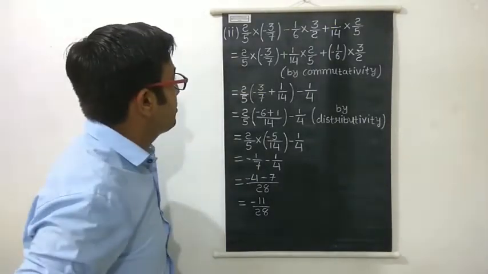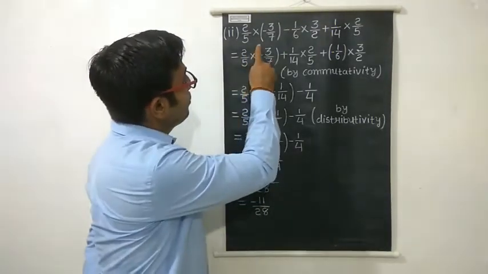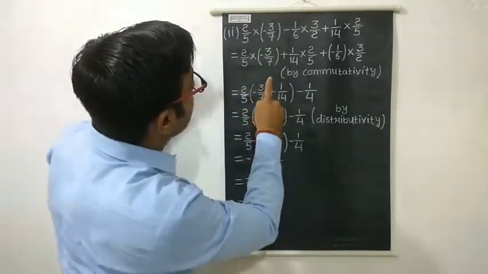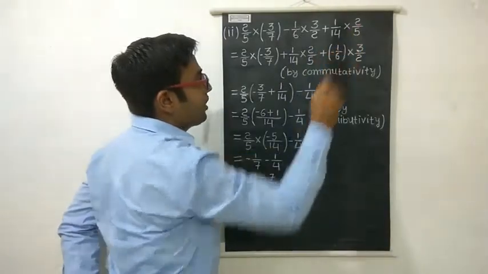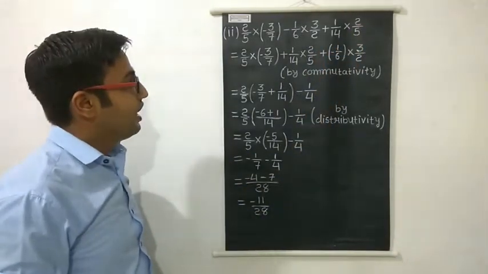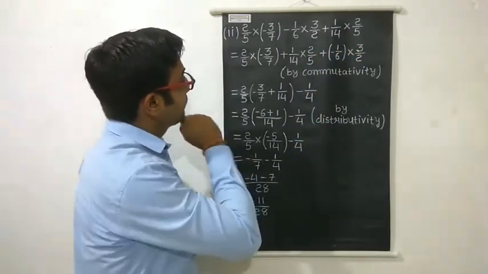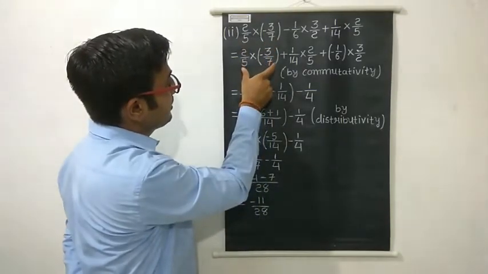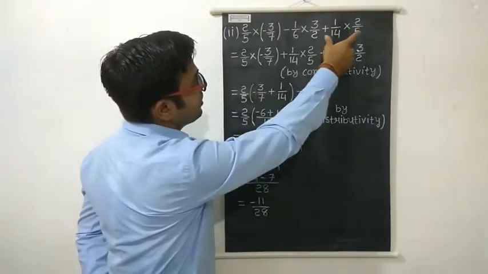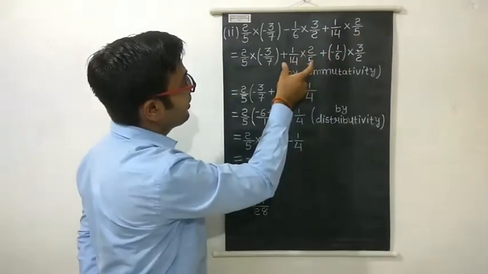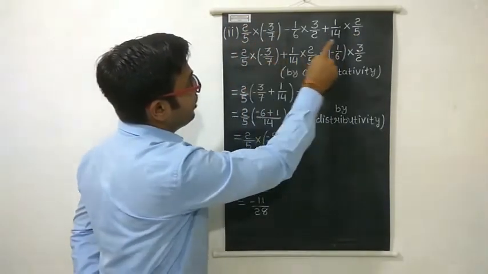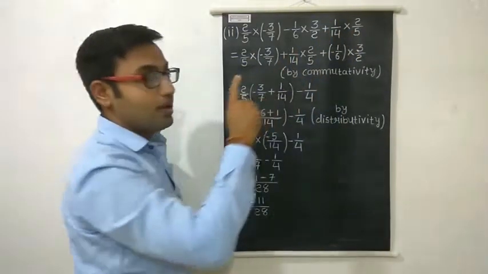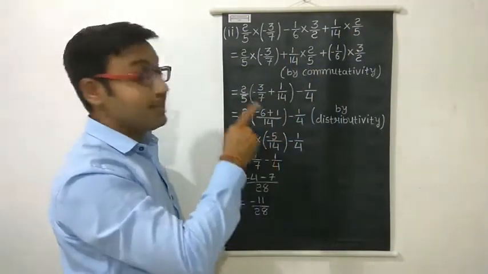So what is the question? See here: 2 upon 5 into minus 3 upon 7, minus 1 upon 6 into 3 upon 2, plus 1 upon 14 into 2 upon 5. Now once again this term remains as it is. This term we have to take here because 2 upon 5 in the first term and 2 upon 5 in the third term are common. Now you know that there are 3 terms.